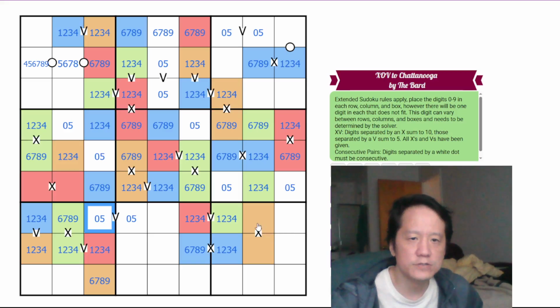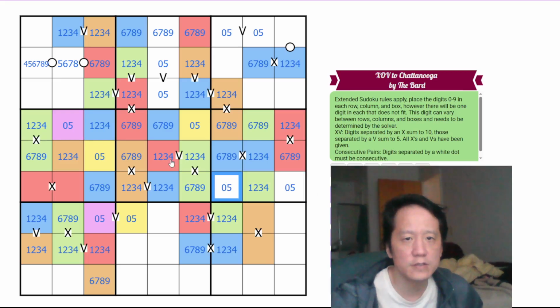We're going to mark the 0, 5s as pink and yellow. So this is pink, this will be yellow, which makes this yellow, this pink, and this yellow. We don't know about these.